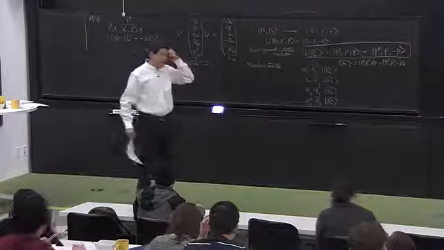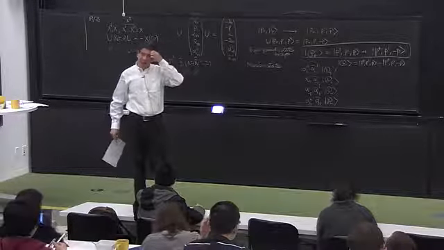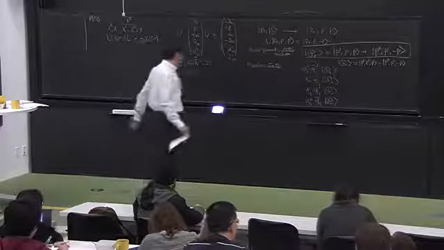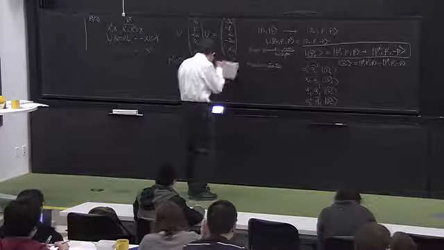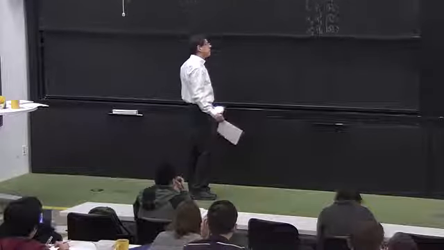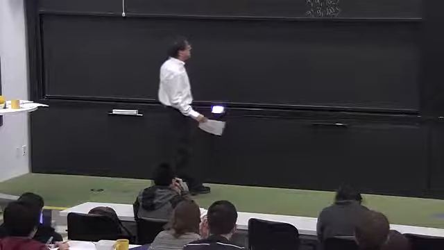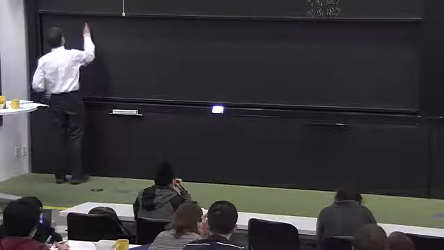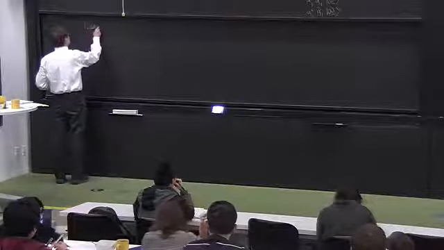You can quantize the string in a different way in the orbifold theory. These are called the twisted states of the orbifold, and we're going to discuss them now. They're very non-trivial. So this is not the end of the spectrum of the theory.